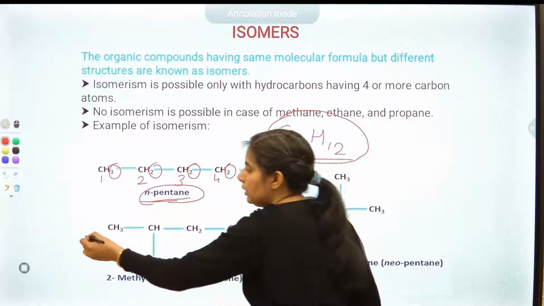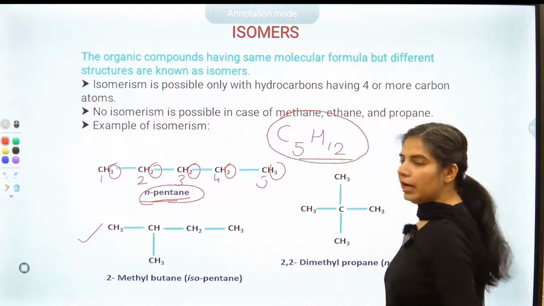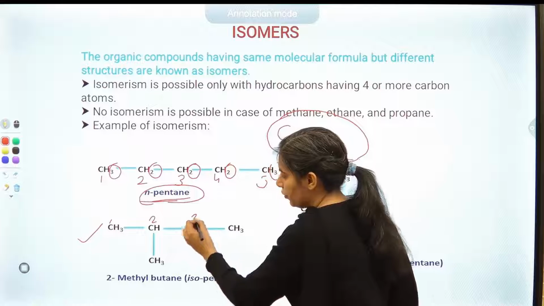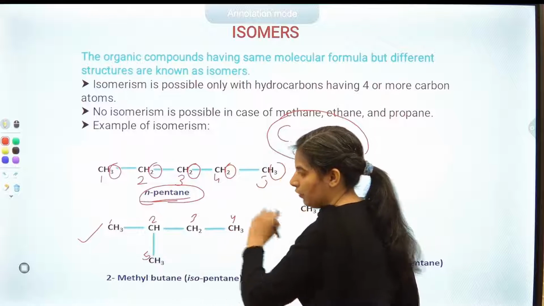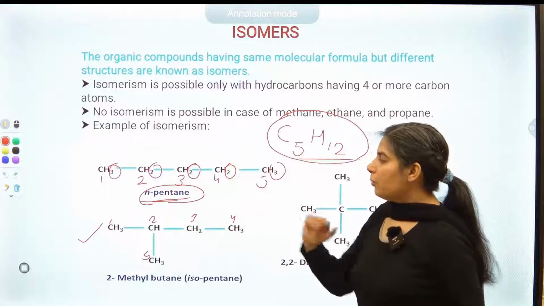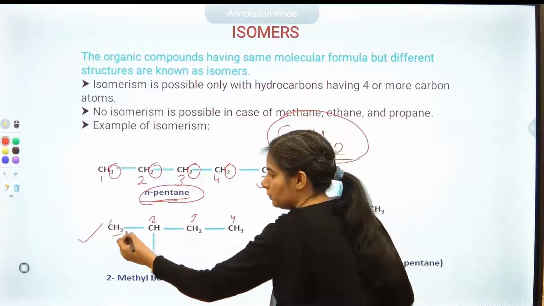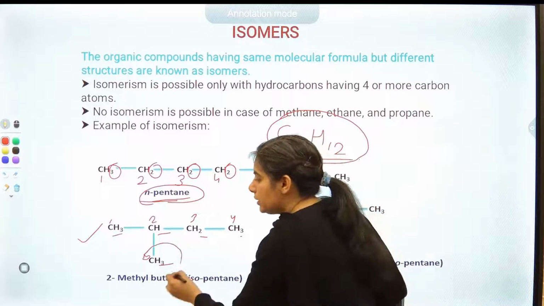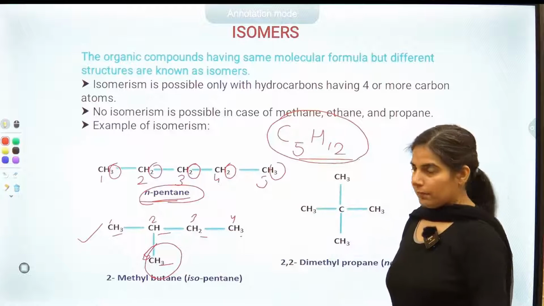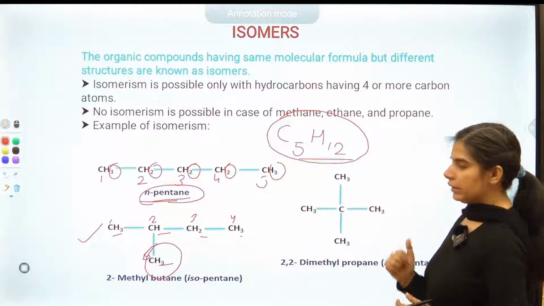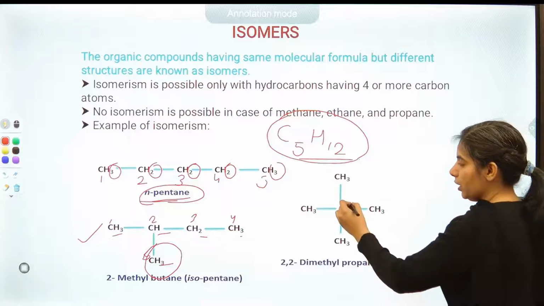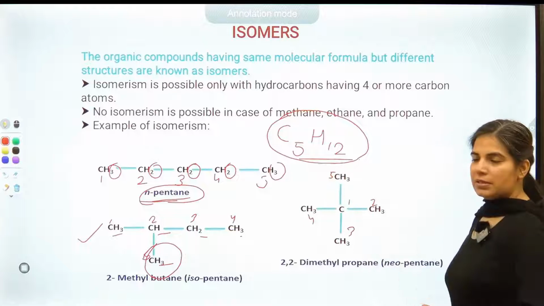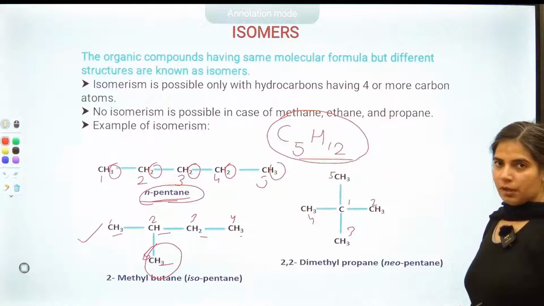If I talk about this molecule, here again we are having 5 carbons. This is 1, 2, 3, 4 and 5. And again the number of hydrogen will be 12. So this is the branched part. And if I talk about the next example, same, here we are having 5 carbons and 12 hydrogen.